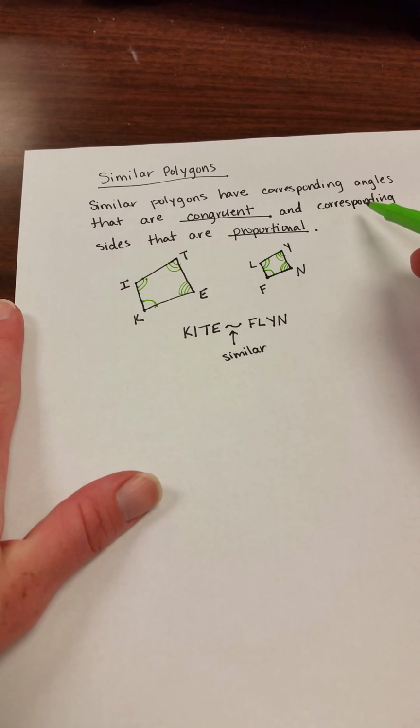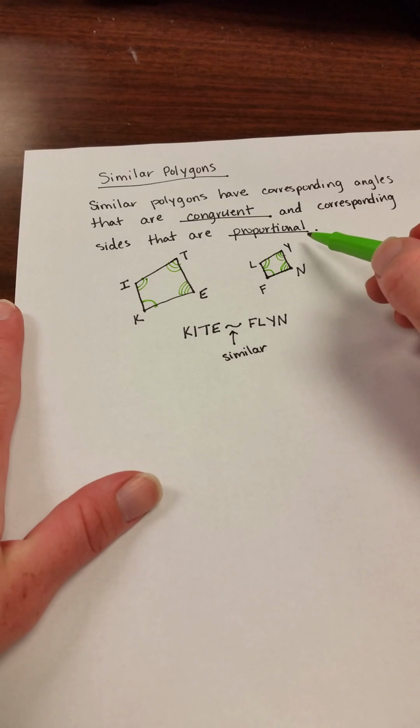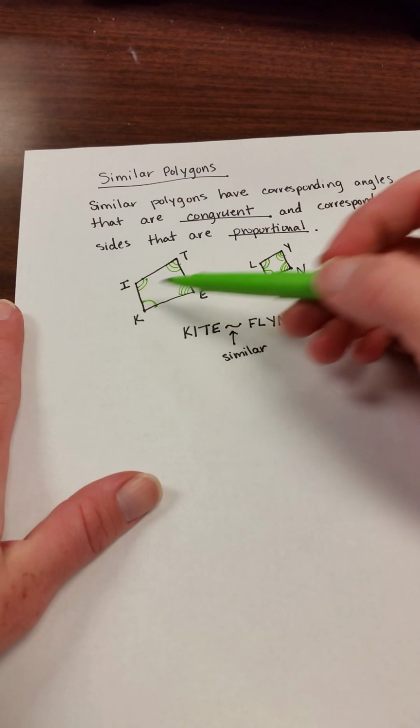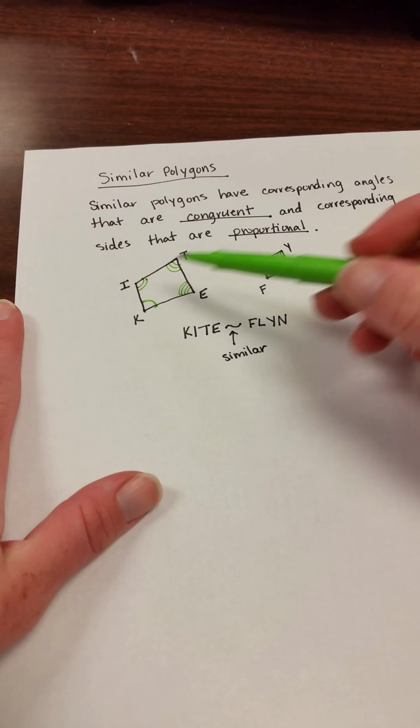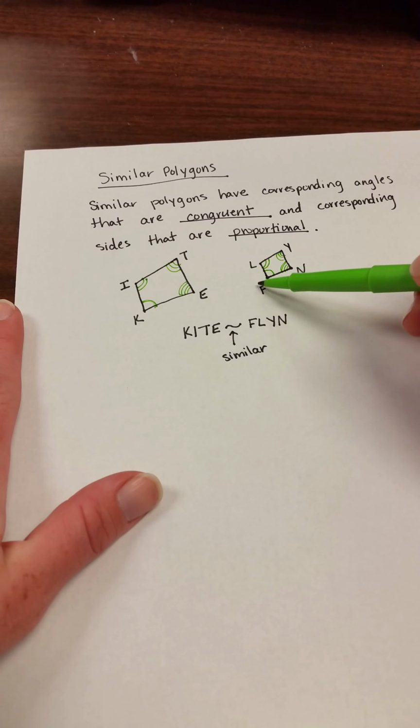In addition, their corresponding sides are proportional. So KI is not congruent to FL. These are not the same size, but they are proportional.